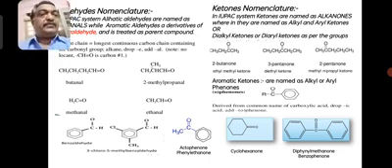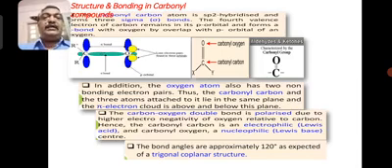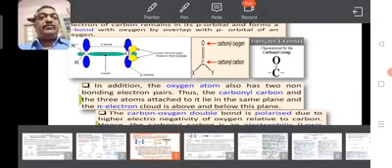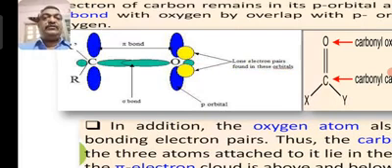Then, regarding the structure of these aldehydes and ketones, the basic structure you have to remember is the carbonyl group. The two valencies R and R dash are on the carbon atom, which has a pz orbital and is connected with the oxygen, making a sigma bond between carbon and oxygen.